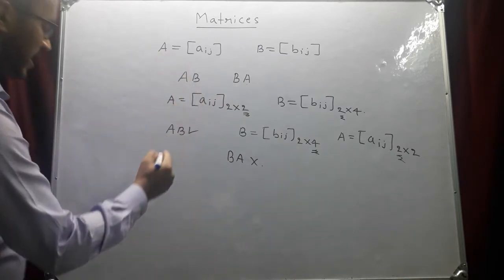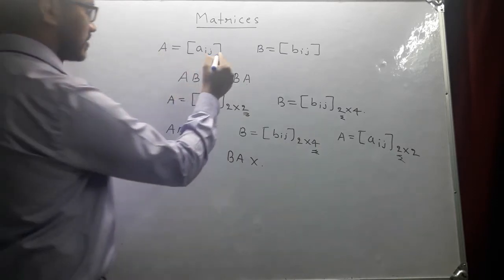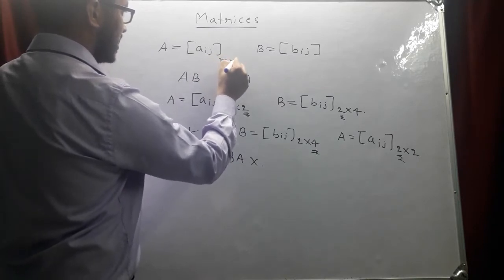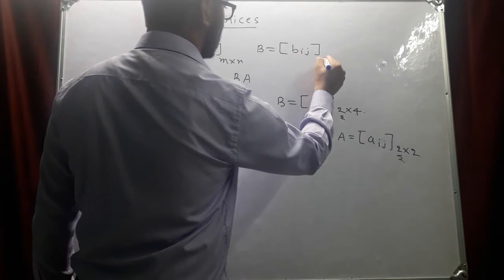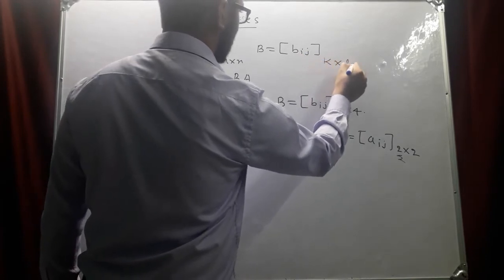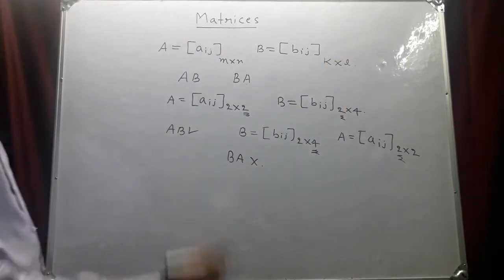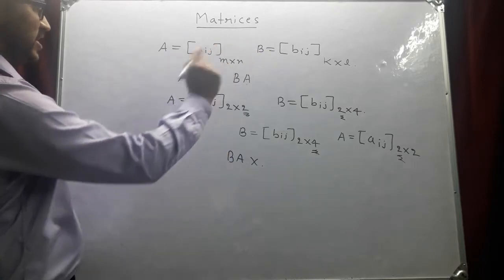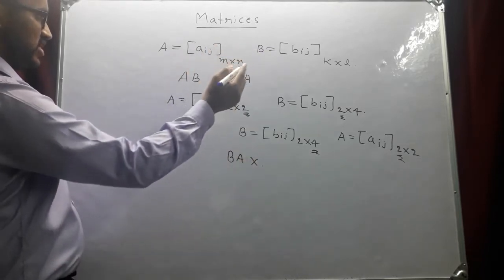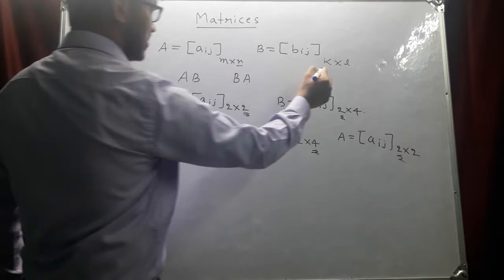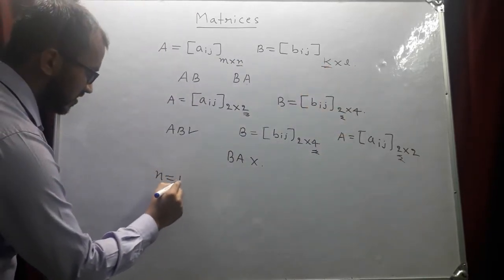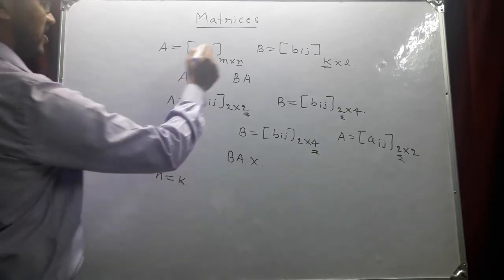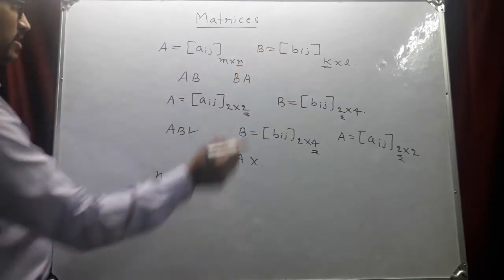Suppose consider A is of the order m by n and B is of the order k by l. Then we can find the product AB as well as BA with the condition, that is n equals k. If n equals k, we can find the product AB.